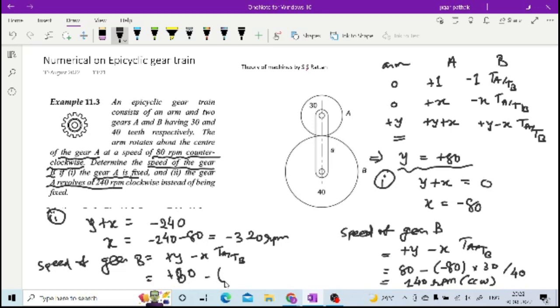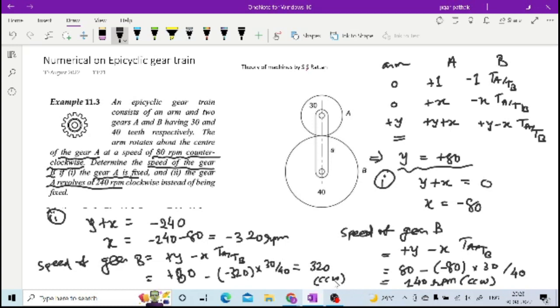Minus x is now minus 320, into this 30 by 40. Once you simplify it, you will get 320 plus 320. So this is again counterclockwise direction.